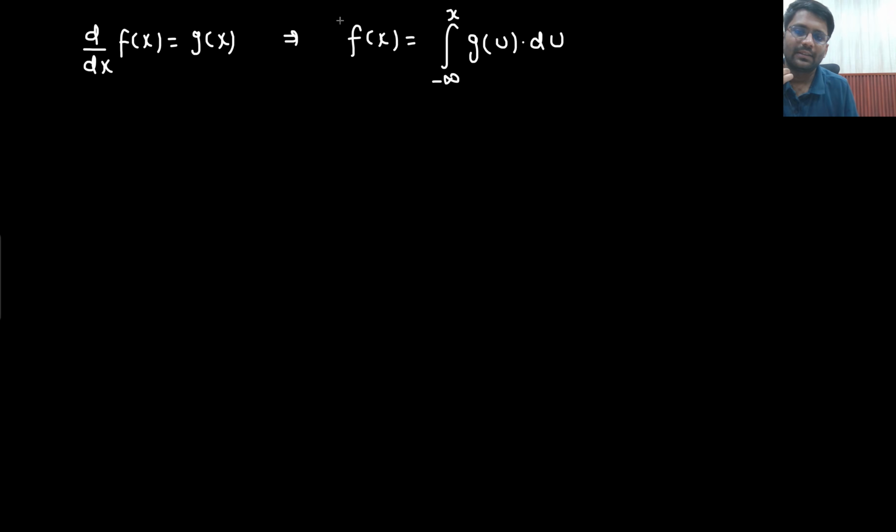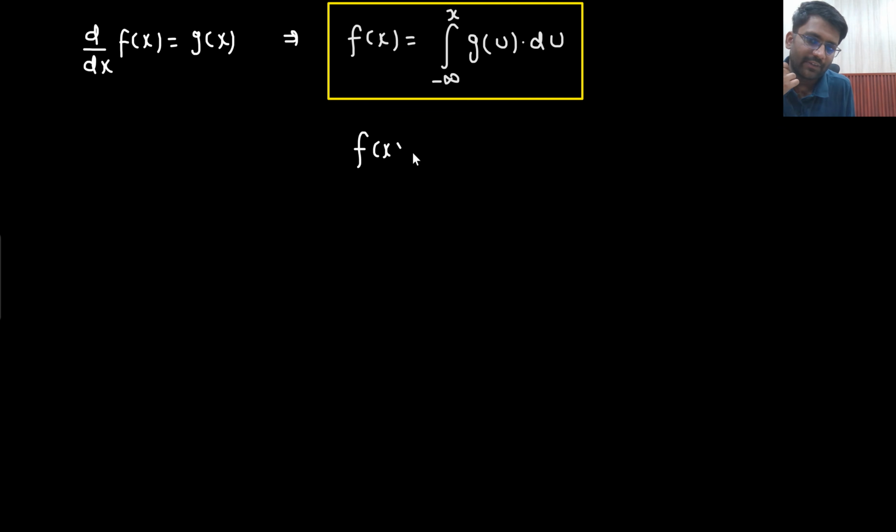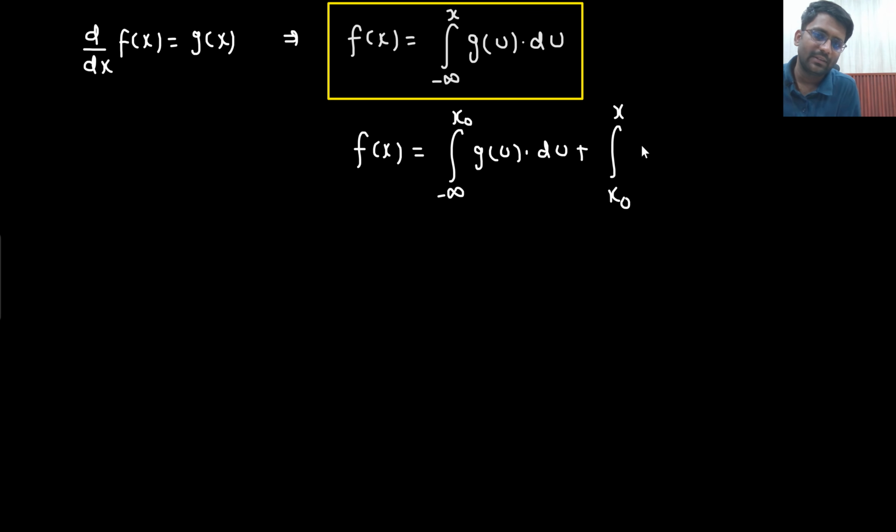So this is the first answer. Now for any random x naught, you can break it like this. For any random x naught, this is your f(x) only. You can break it in this manner: minus infinity to x naught of g of u du plus x naught to x of g of u du. This is how I can break it.